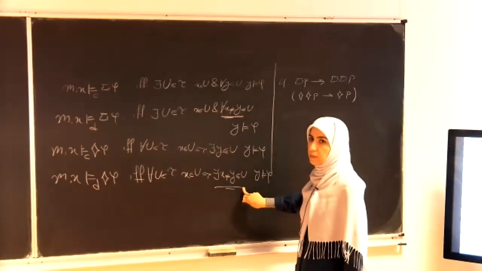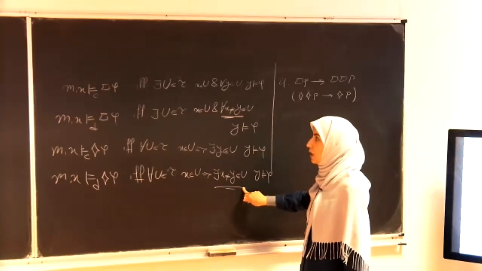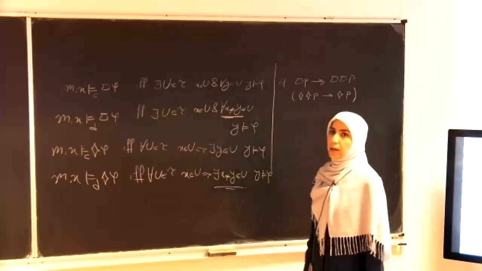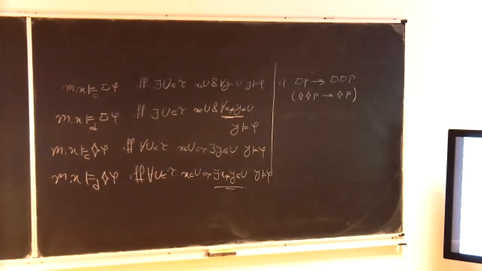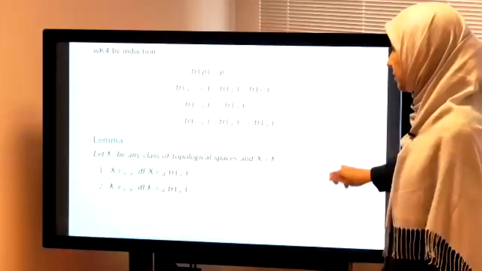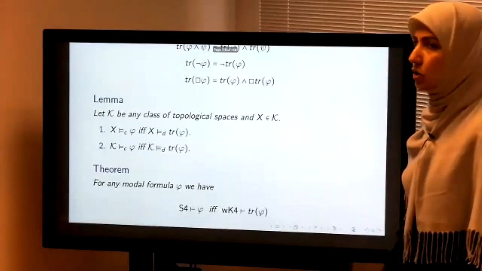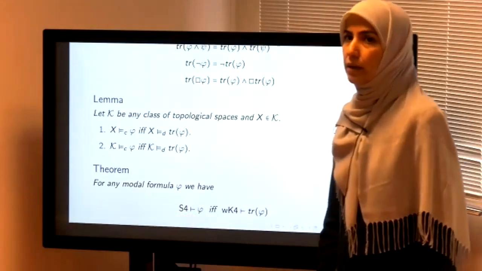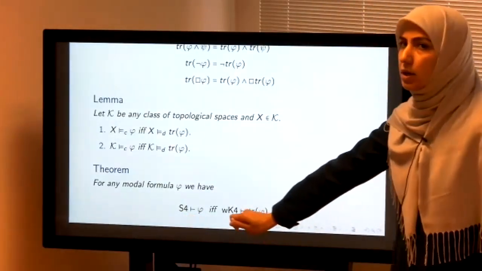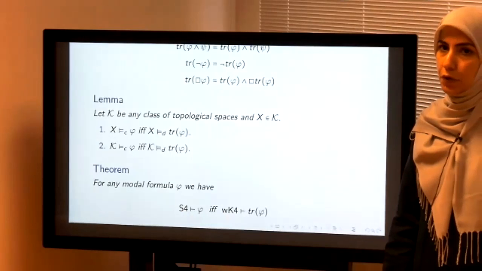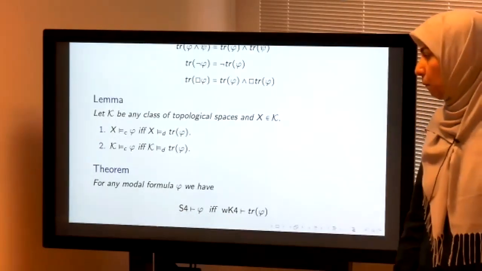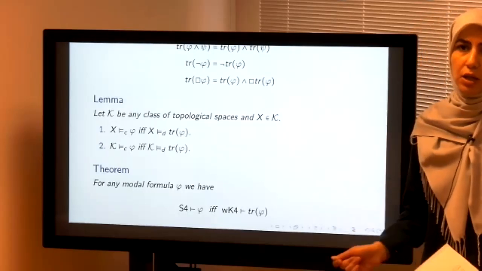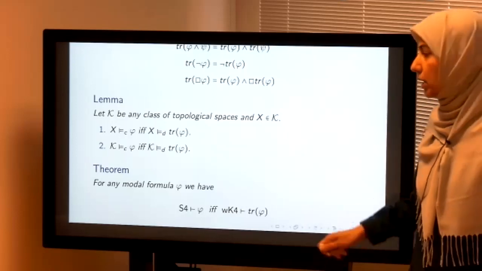But here, phi may not be true in X. So we have to add phi and box of phi to have the same satisfaction in these semantics. Also, you can prove that phi is a theorem of S4 if and only if the translation of phi is a theorem of WK4. So it's a connection between S4 and WK4.